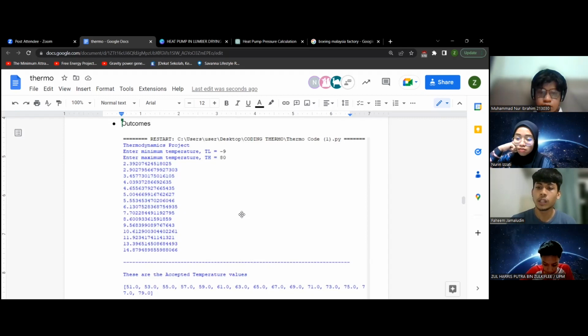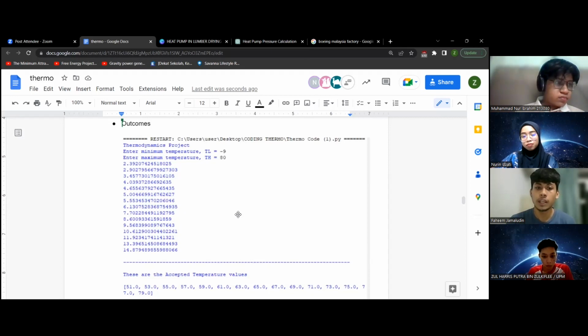In order to get the percentage difference, we use the formula theoretical minus experimental over theoretical times 100.